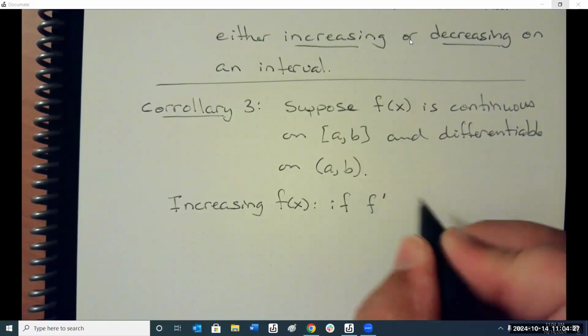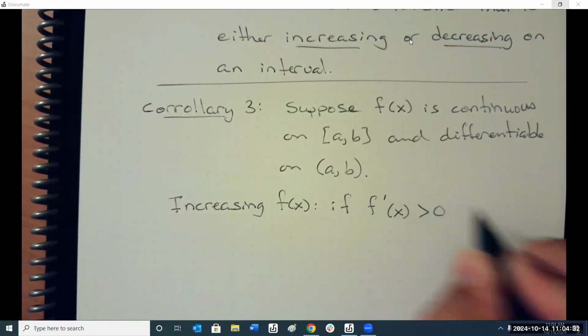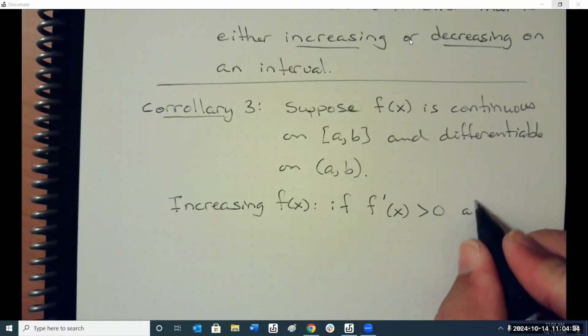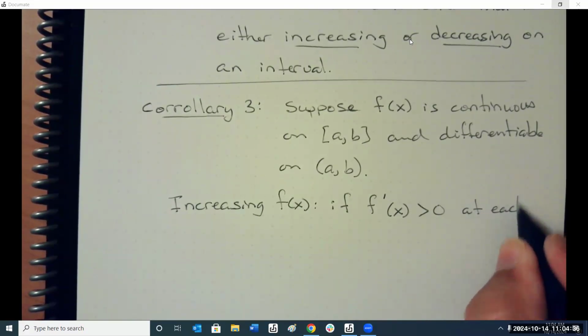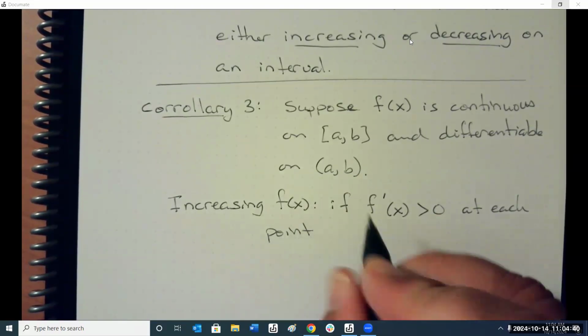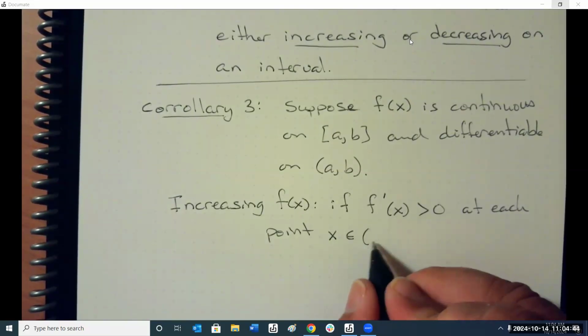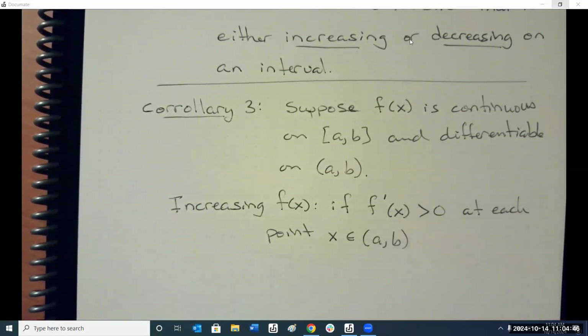If the first derivative of that function is positive at each point x on the open interval AB, remember you have to be able to take the derivative of it.